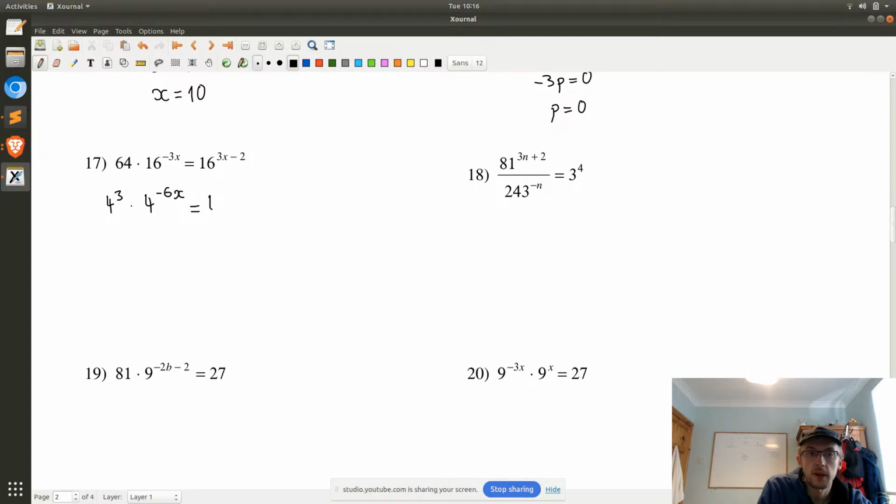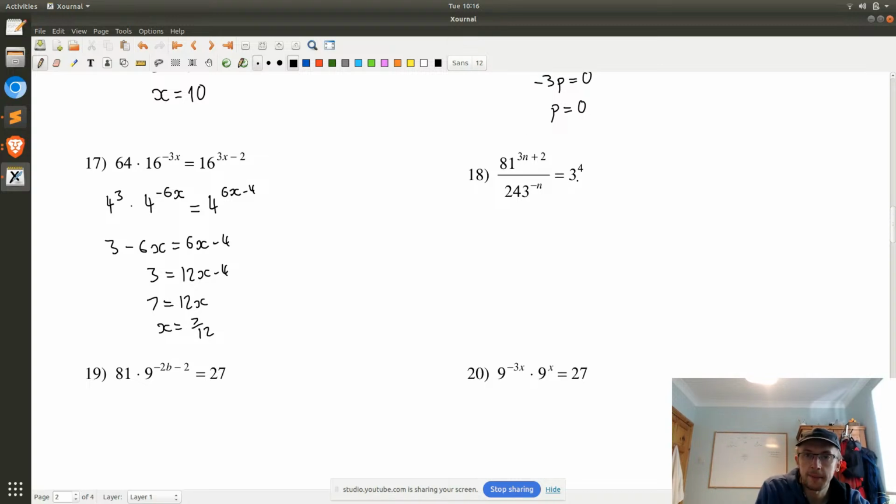So that's 4 to the 6x take 4. And so now we can say that 3 take 6x equals 6x take 4. Okay, so 3 equals 12x take 4. 7 is 12x. x is 7 over 12.